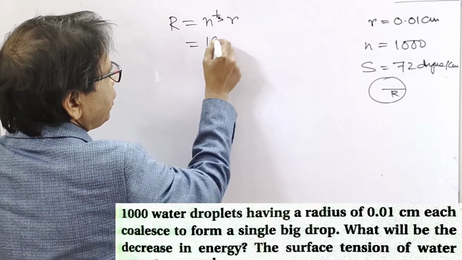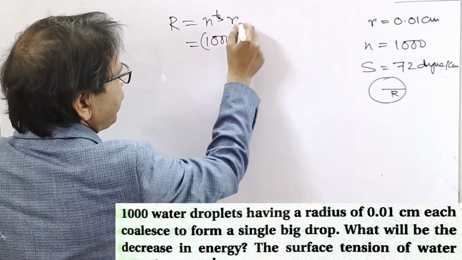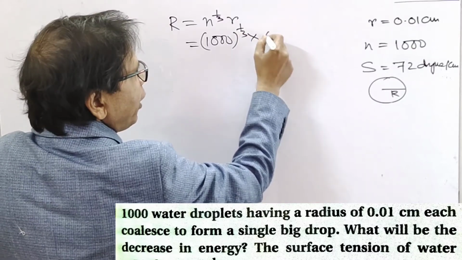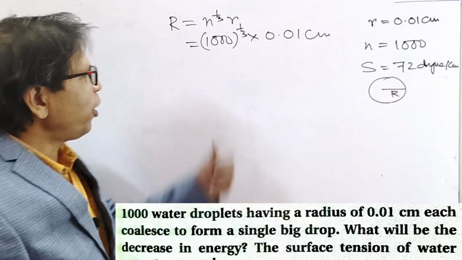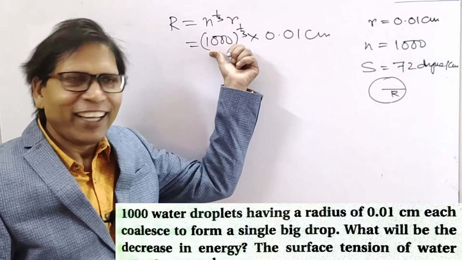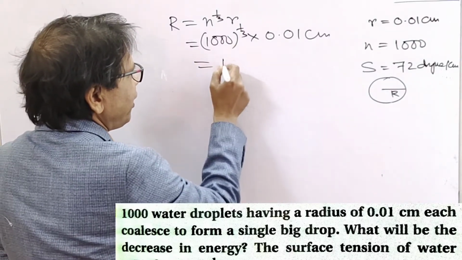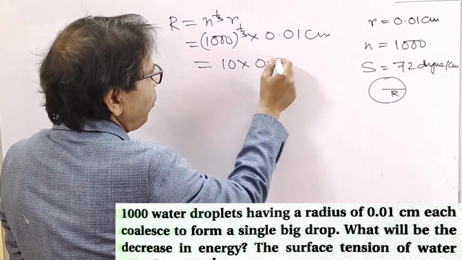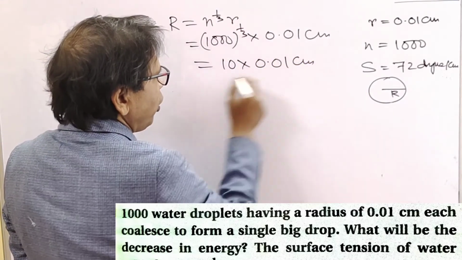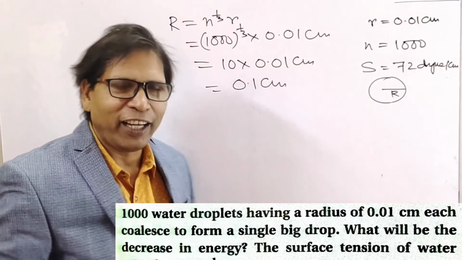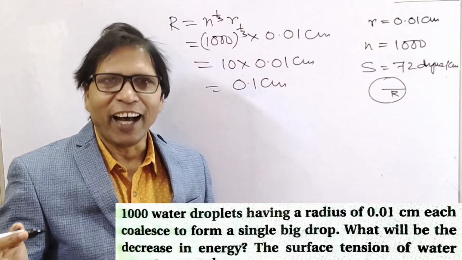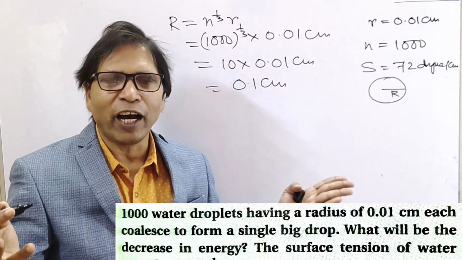Now n is 1000, so n^(1/3) is 10, and the radius is 0.01 centimeter, so this is 10 into 0.01 centimeter, which is 0.1 centimeter. Okay, understood?